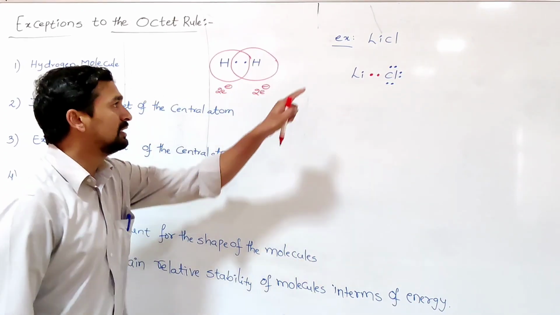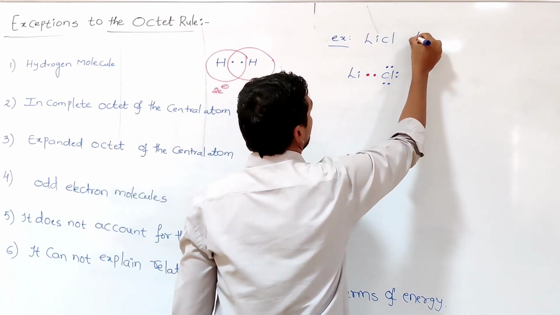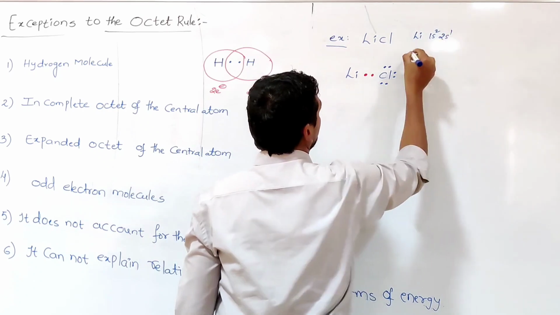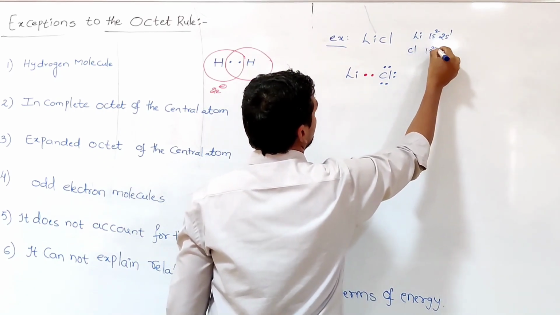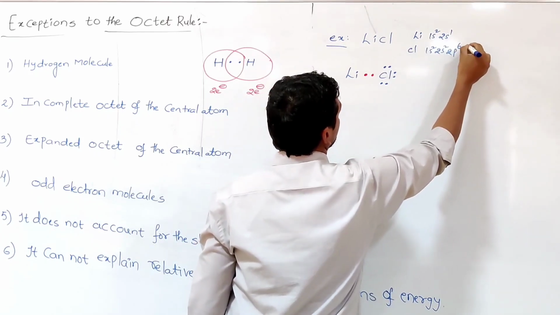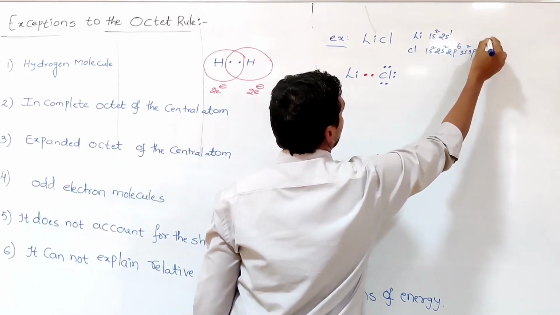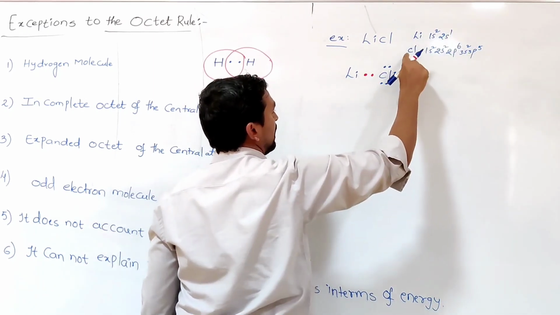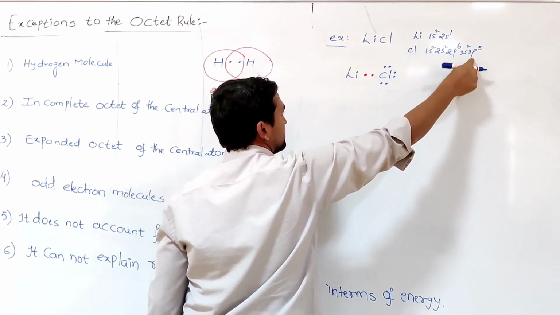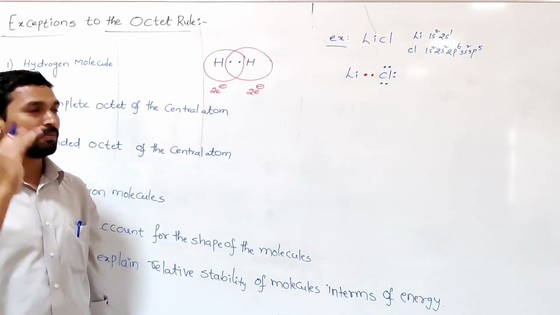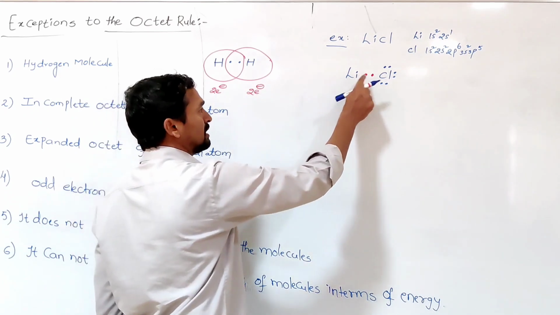The electronic configuration of lithium is 1s2, 2s1, and chlorine is 1s2, 2s2, 2p6, 3s2, 3p5. So valence electrons in lithium is 1, and in chlorine is 7. 7 plus 1, totally 8. 8 means 4 pairs. First I write lithium and chlorine.